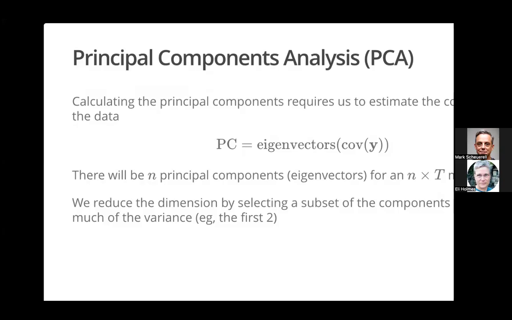And typically, we'd like to find two of them, because with humans, it's super easy to do a biplot, where this is principal component 1, and this is principal component 2, and we can see where our different things lie in that space.